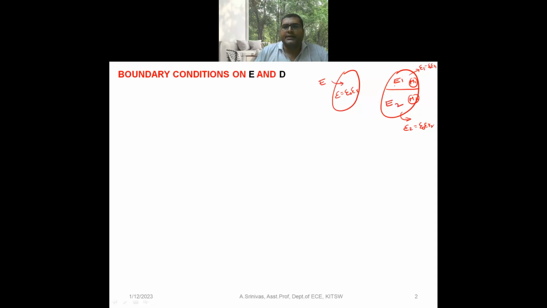If the electric field exists in a region consisting of two different media, then the conditions that the electric field must satisfy at the boundary are called boundary conditions.